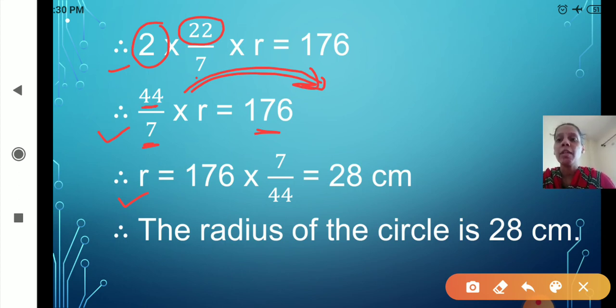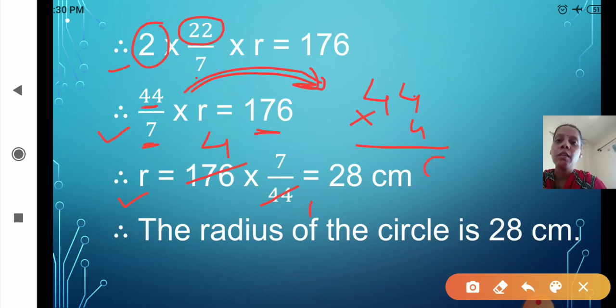Now these numbers, 176, you can directly divide by 44. If we make the table for 44, 44 ones are 44, 44 fours are 176. 44 multiplied by 4, 4 fours are 16, 6 here and 1 carrying, 4 fours are 16 plus 1, 176.